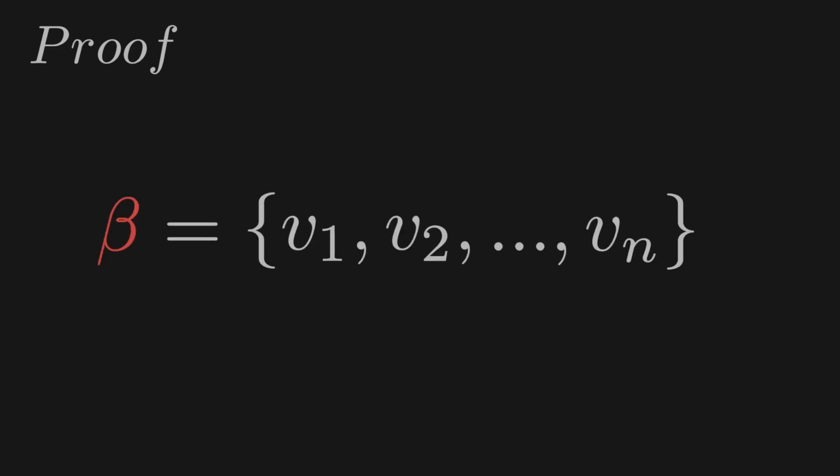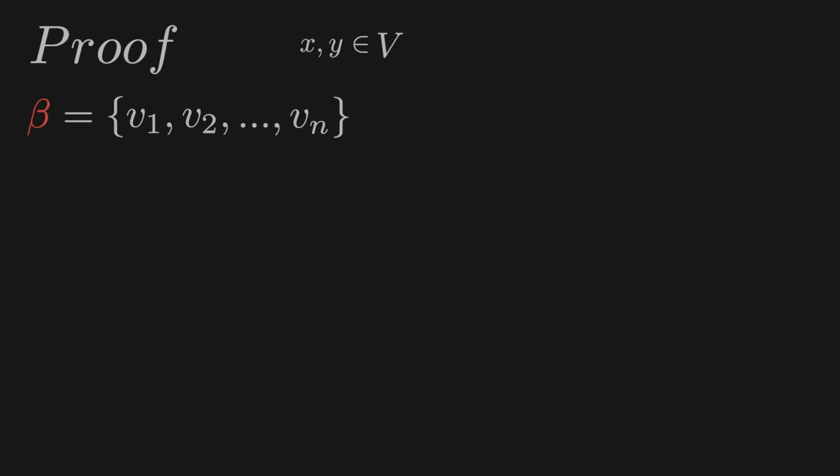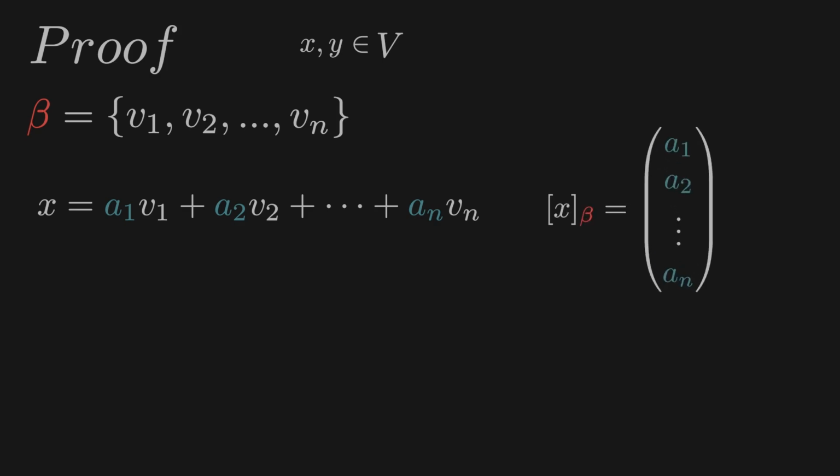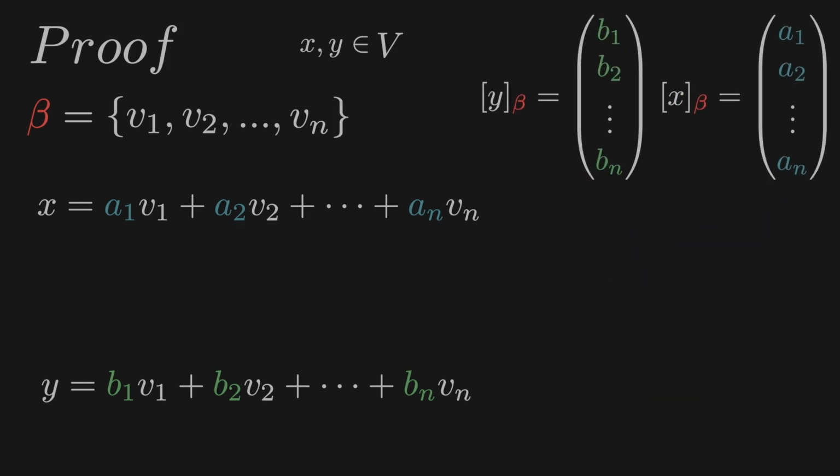First, we let beta be a basis of V, and x and y be vectors in V. Let x be a1 times v1 plus all the way up to an times vn. So the coordinate vector for x in beta will be a1 all the way up to an. Similarly, let y equal b1 times v1 all the way up to bn times vn, which means the coordinate vector for y in beta will be b1 all the way up to bn.